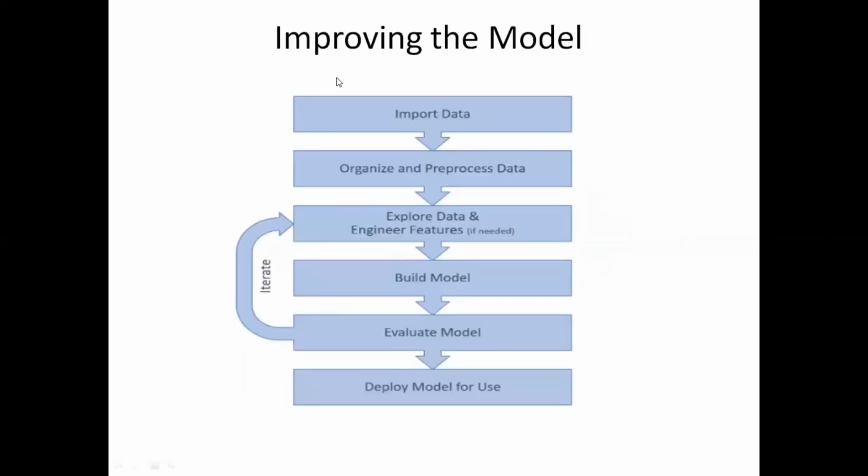These are the basic steps that we have been using for the development of this classification model. First we imported the data, then we pre-processed the data, then we extracted the features, then we built the model, then we evaluated the model. This is where we got to know the performance of the model.